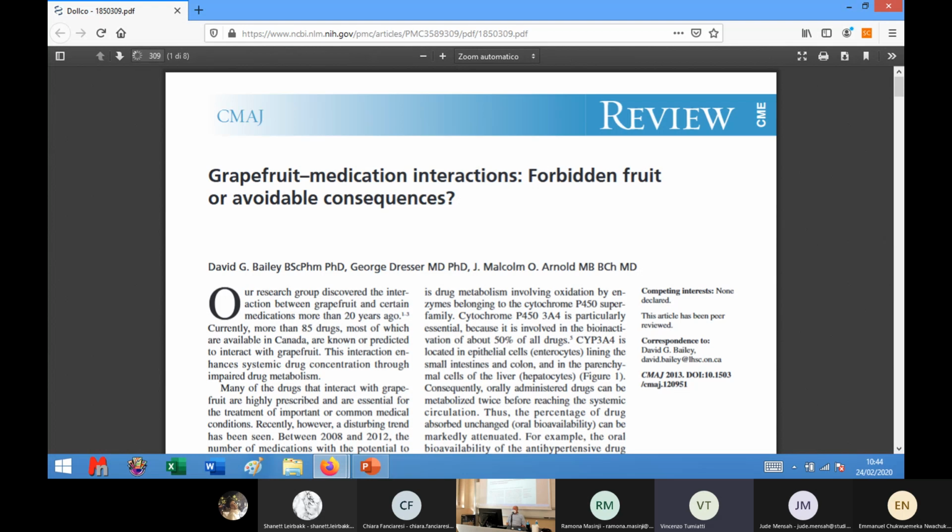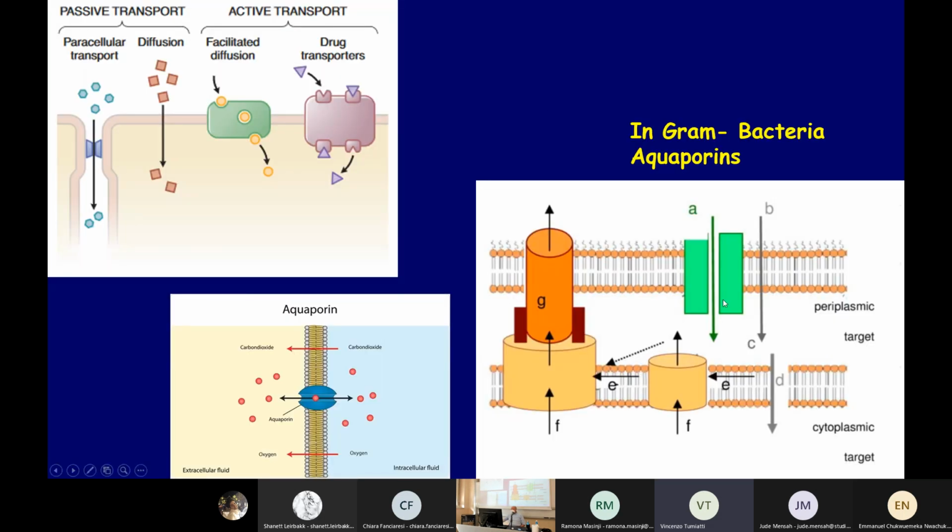Okay. The natural compounds present inside these fruits can use the same transport system that normally is used by the drugs to enter into the cell.